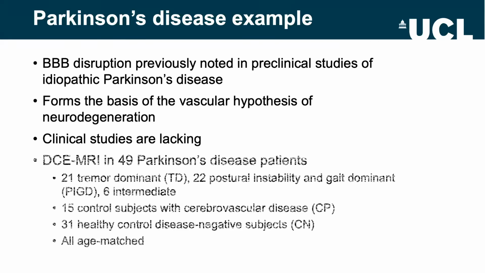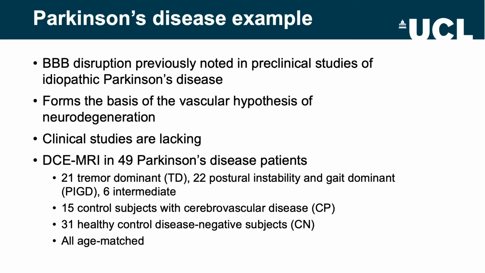improve on that situation. And so in this particular study, we had 49 Parkinson's patients, which was split into three groups. There were the Parkinson's patients themselves. There was a control group who had cerebrovascular disease but weren't Parkinson's, and then there was another control group which was healthy controls.